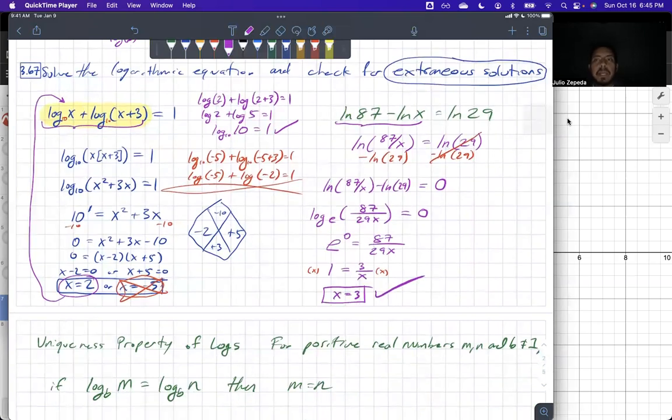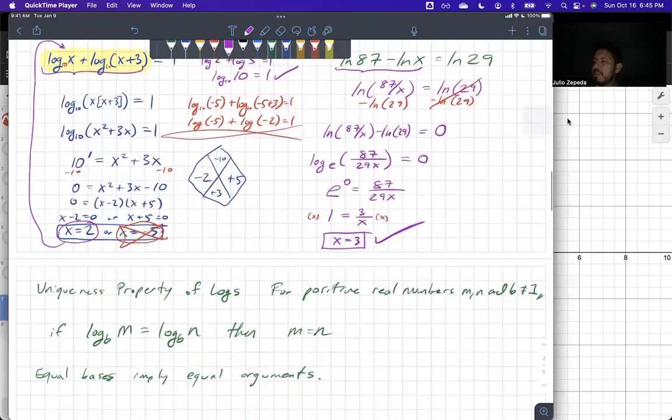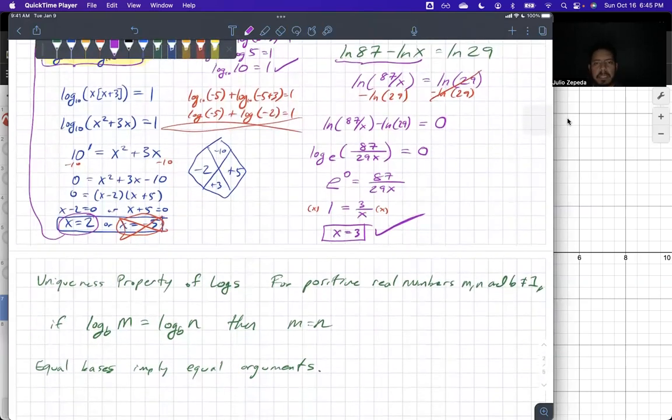There is another way to do this problem, and I'm going to cover it really quickly. Sometimes giving too many ways can be a little bit confusing because then there's just more stuff to memorize. But I'll give it just because sometimes people say, well, there's an easier way to do that. Yes, there is.